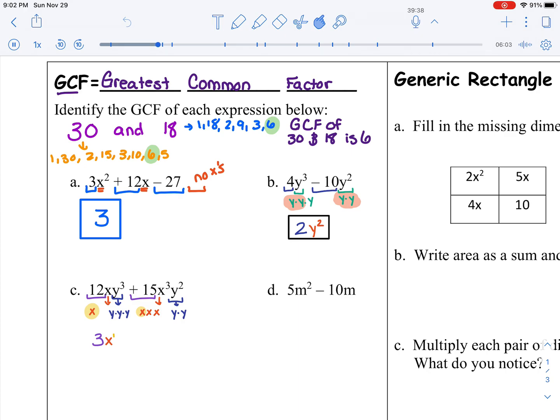Well, since they both have at least 2 y's, y squared is my common factor, my greatest common factor. For a final answer of 3x to the first times y squared.